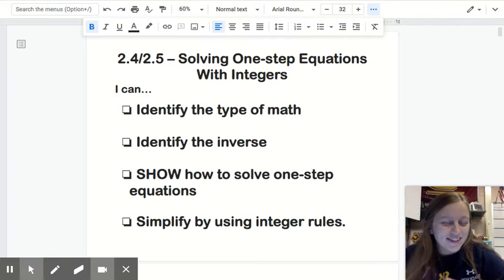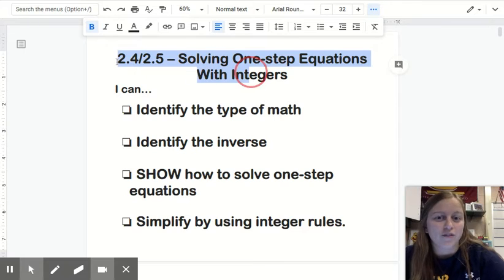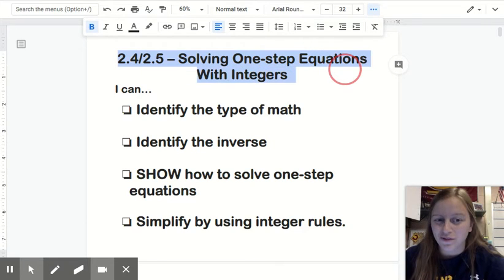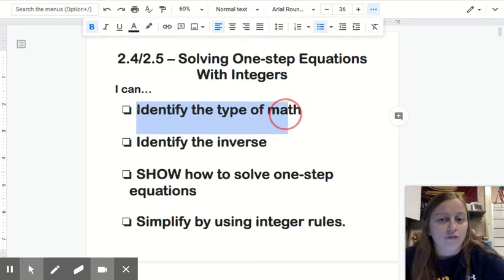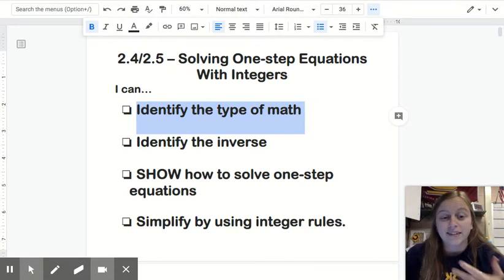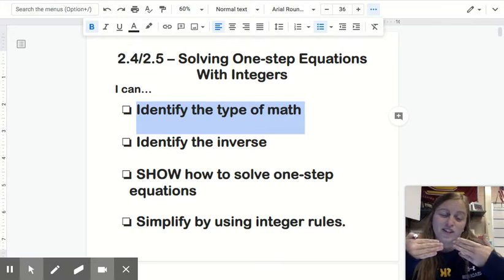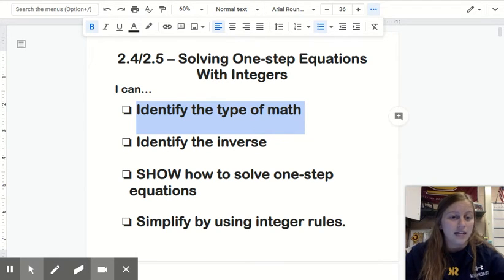Hi, math learners. We are on 2.4, 2.5, solving one-step equations, which is what we've done in the last couple of days. But now we're going to add it with integers. So we need to identify what type of math is going on. By that I mean sometimes there's negatives, sometimes there's a subtraction and a negative, sometimes there's addition and a negative.